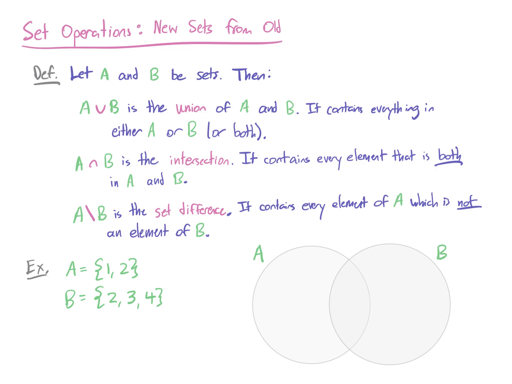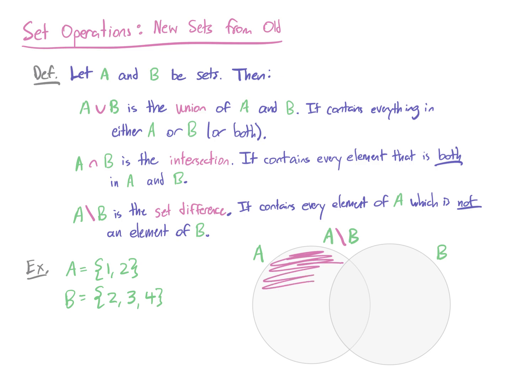So for our last example, I want to consider the set difference, A set difference B. And this time, what I'm looking for is everything that's in A, so that's the left circle, but not in B, which means I need to exclude the places where they overlap.